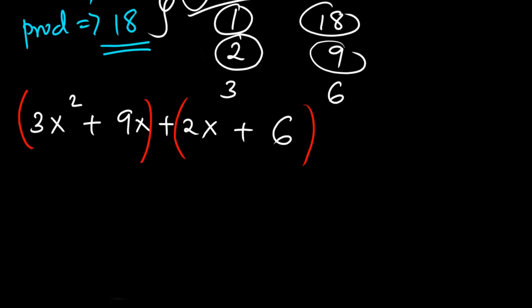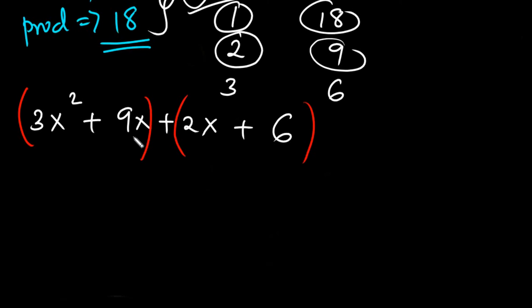Then we start with the first group, and we identify the common factor. For this case, we can factor out x, so x is common for 3 and 9. We can factor out x, and inside the bracket we are going to have 3x plus 3.